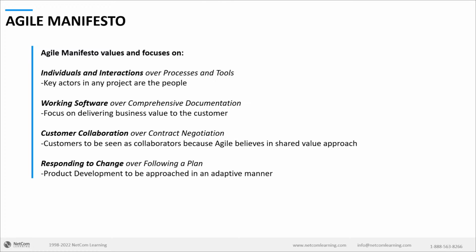Collaboration essentially means when they are also participating, combining their efforts to make sure that the value is being realized. So that's the expectation from the customer side as well.